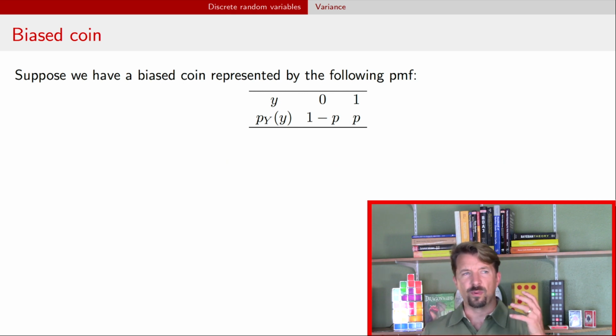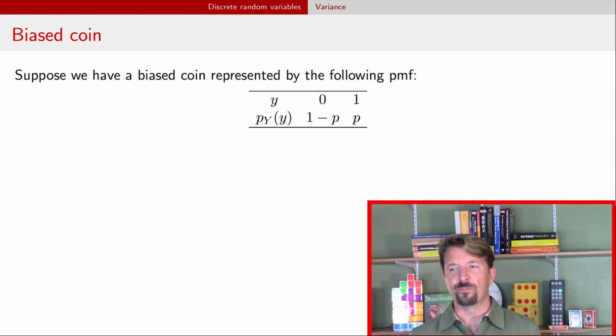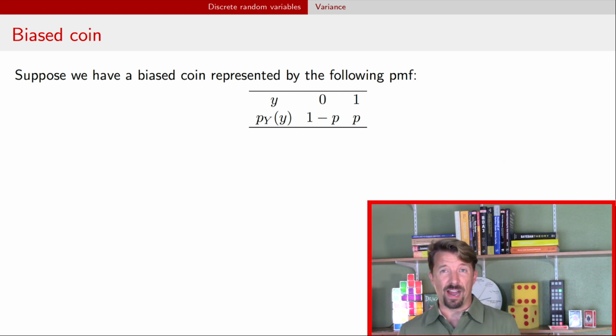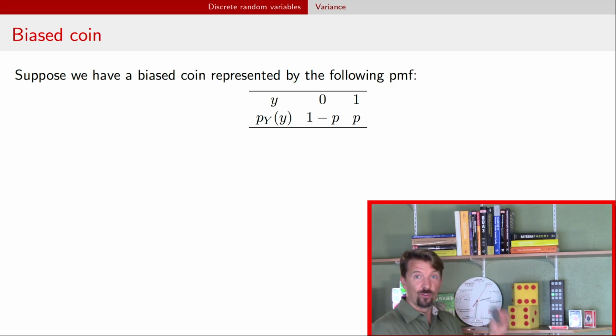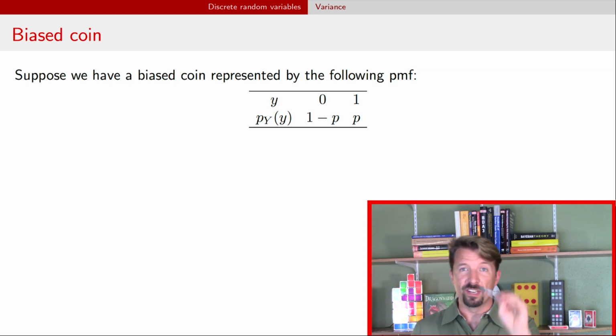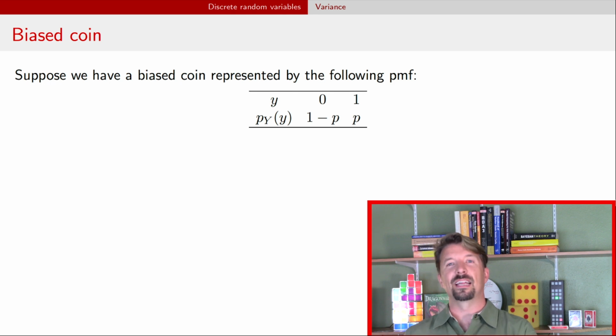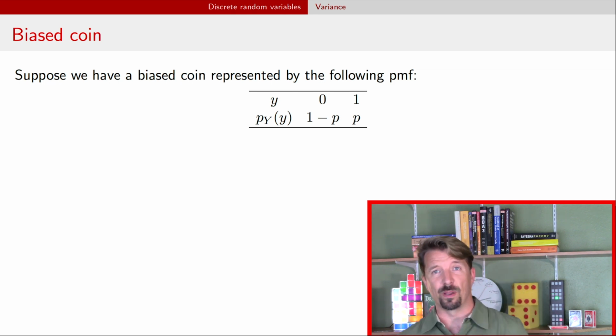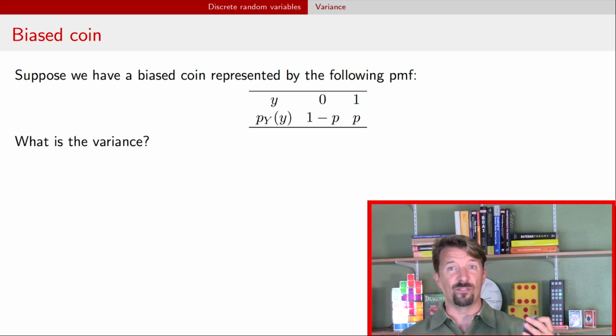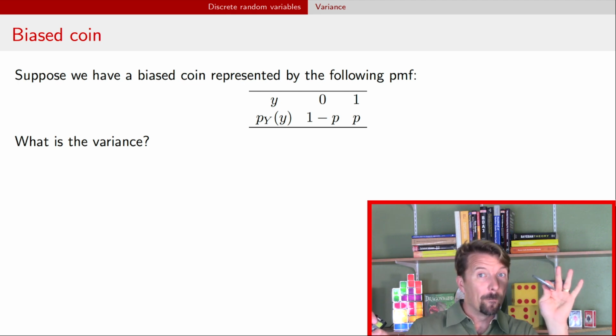Alright, so as a last slide in this video, we have that biased coin, our good old friend here, but it's biased, so it lands heads with probability P and tails with probability 1 minus P. You should stop right now and see if you can figure out what the variance of that coin is. It's going to be a function of P, so I'll stop.